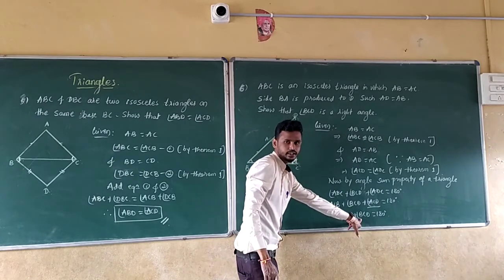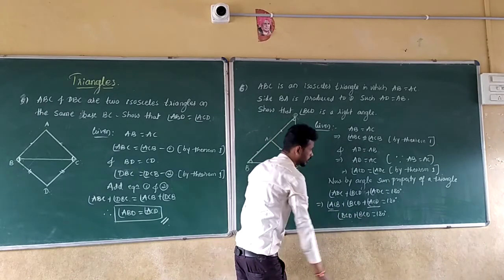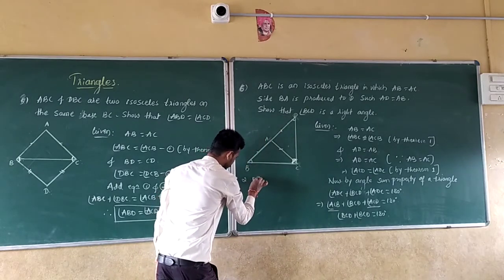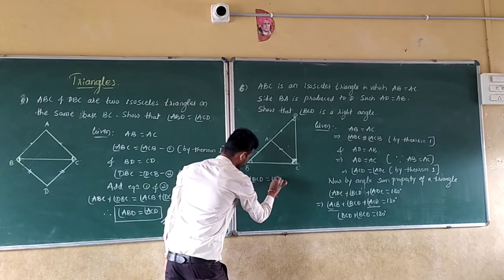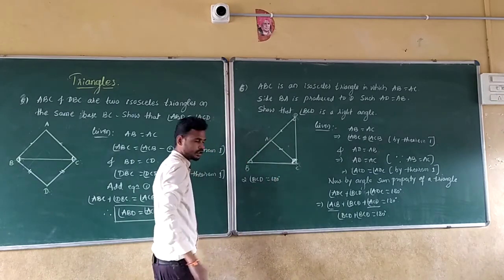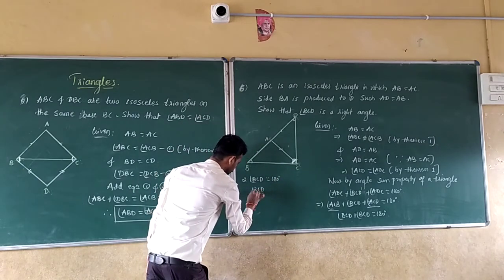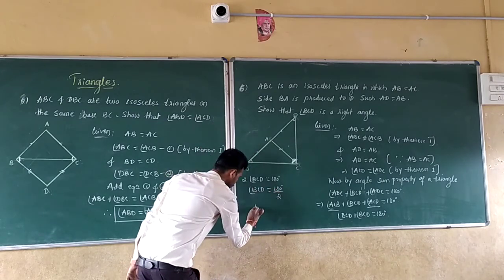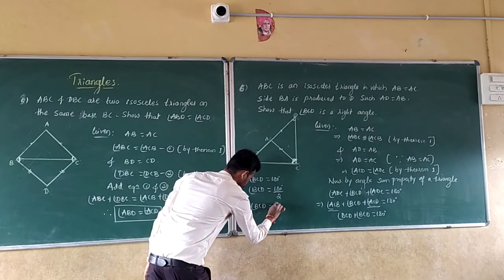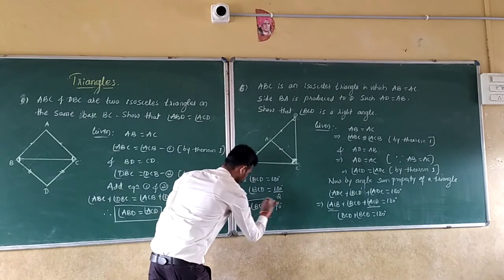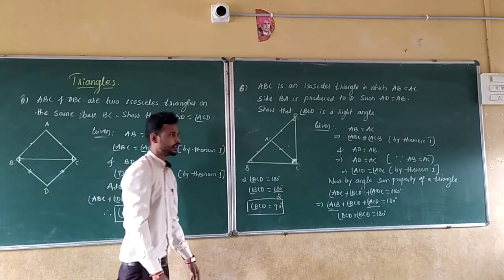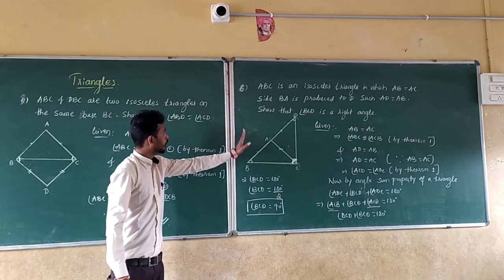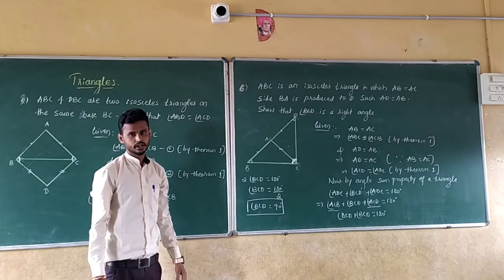So how many BCD are there? 2. So 2 angle BCD is equal to 180 degree. Therefore, BCD is equal to 180 by 2. So what is the answer now? BCD is equal to 90 degree, means BCD is a right angle. So this is the proof of the sixth question.